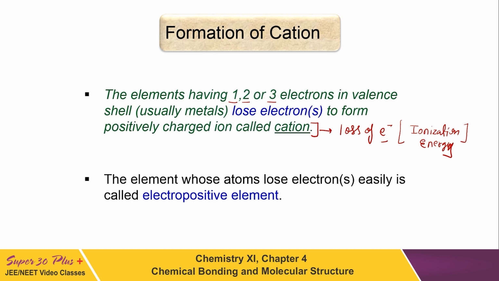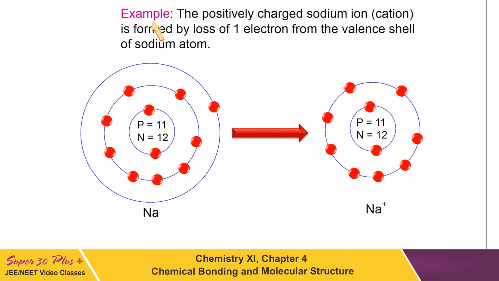Those elements which have loose electrons, meaning electrons which can be separated easily, are electropositive elements. They can lose electrons very easily and attain positive charge very easily. So they are electropositive, right?